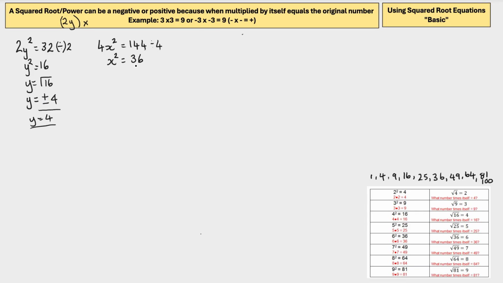Now, you will get to know that 36 is a square root. Take the square root over. And the square root of 36 is 6 because 6 times 6 equals 36. So we now know that x is a plus or a minus 6.